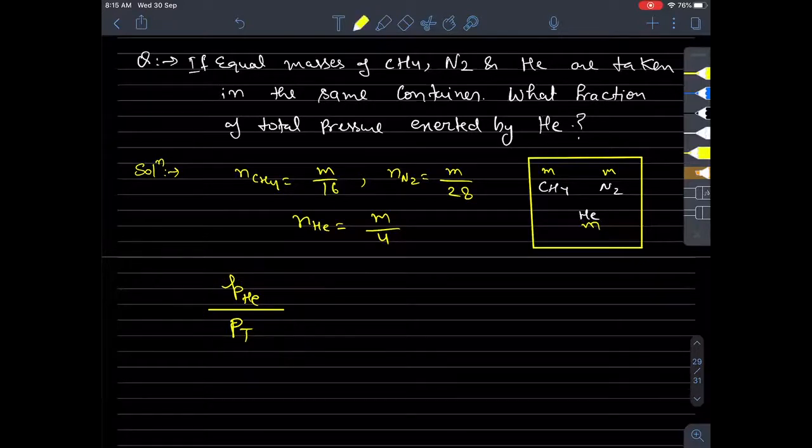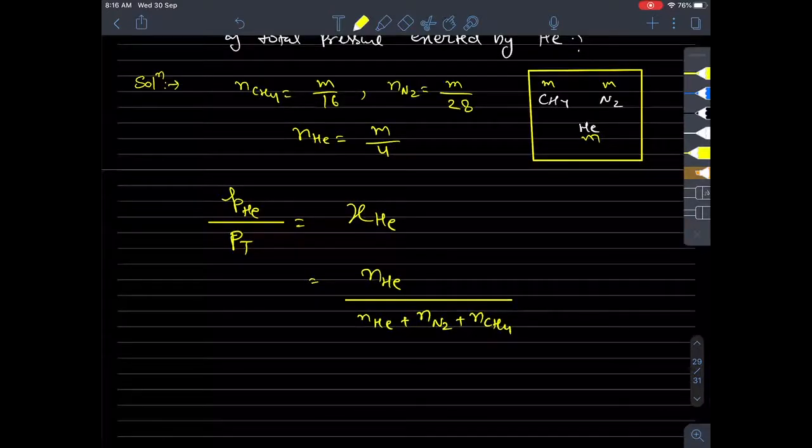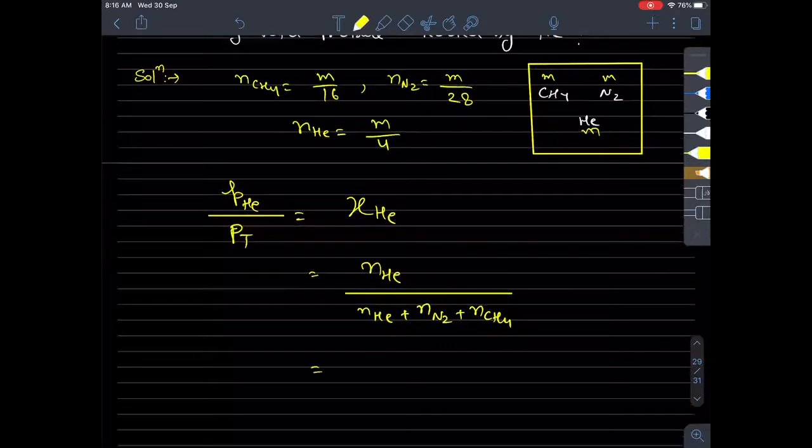So pressure of helium is how much, guys? That will be equal to the mole fraction of helium, which means number of moles of helium divided by moles of helium plus moles of nitrogen plus moles of CH4.